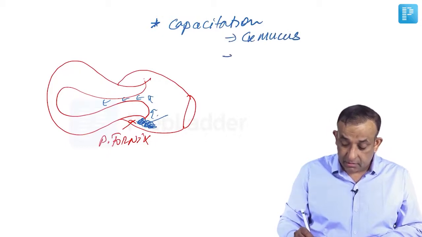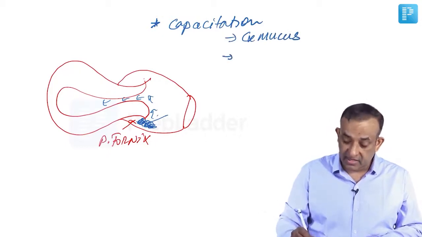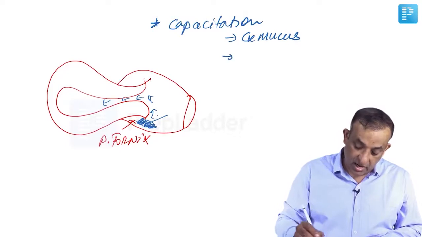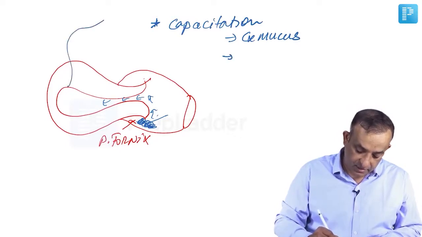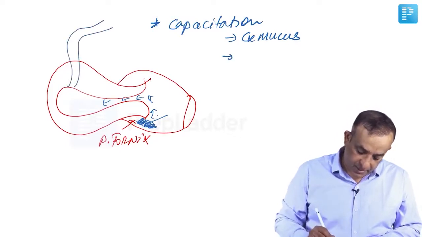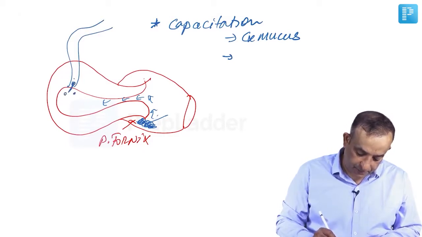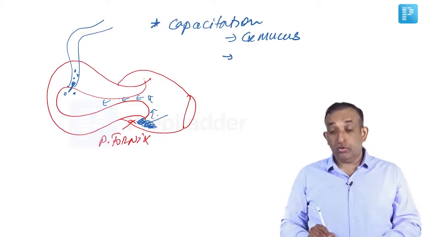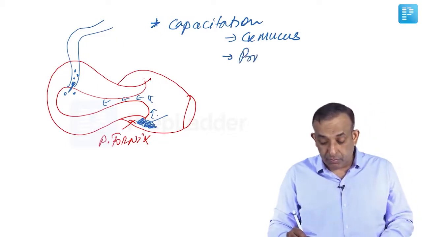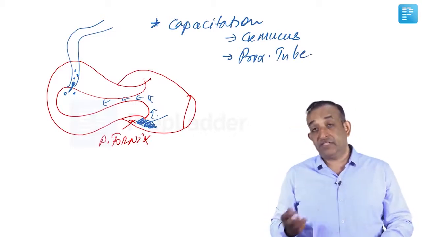But Ganong's physiology book says that it happens somewhat higher, in the proximal part of the fallopian tube. So the proximal tube has also come into the fray from the physiologists.